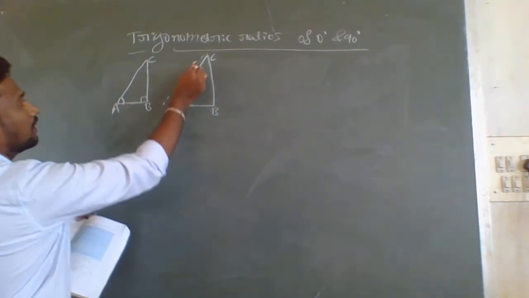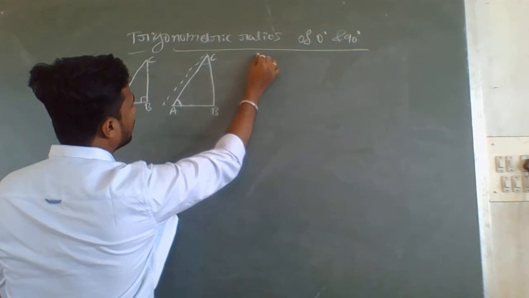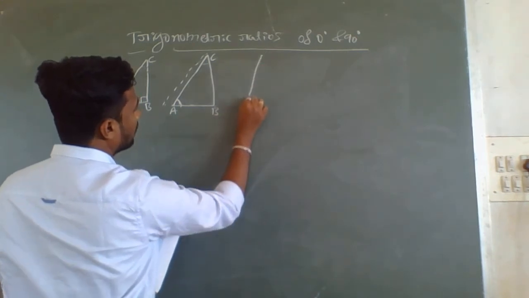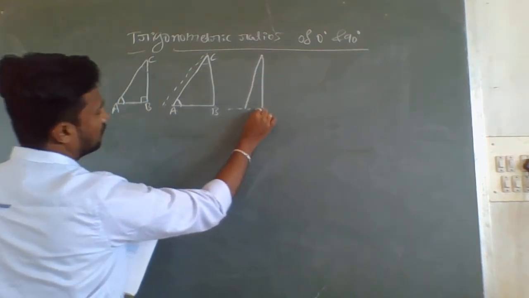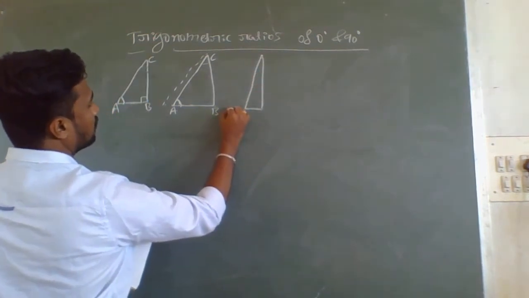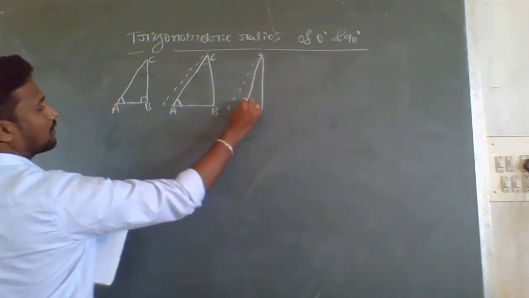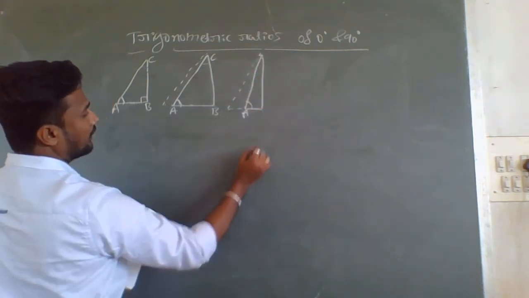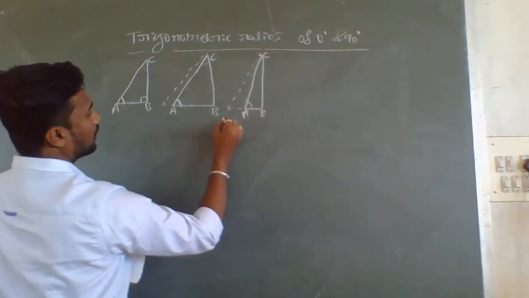Here you can see angle C gets smaller and smaller. Again I will increase this angle A. Here you can see clearly, as I am increasing angle A, angle C gets smaller and smaller.